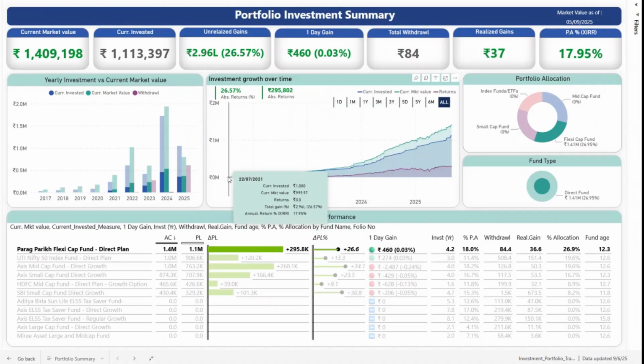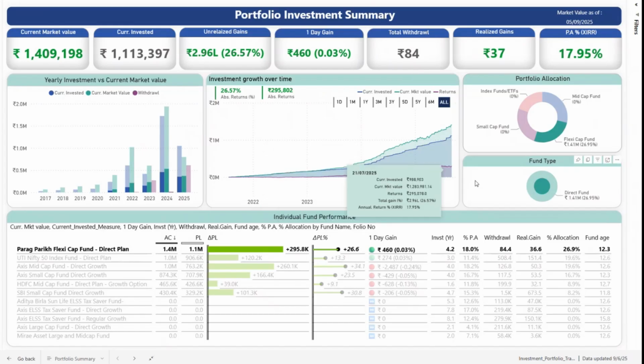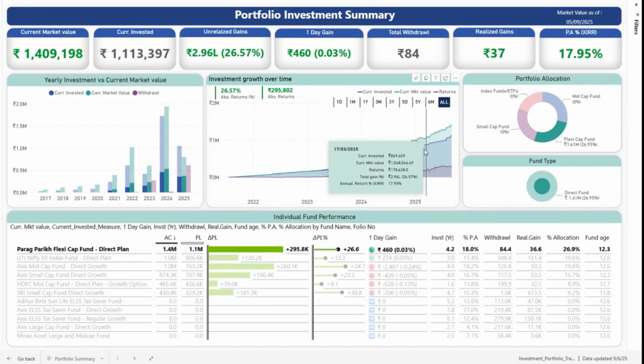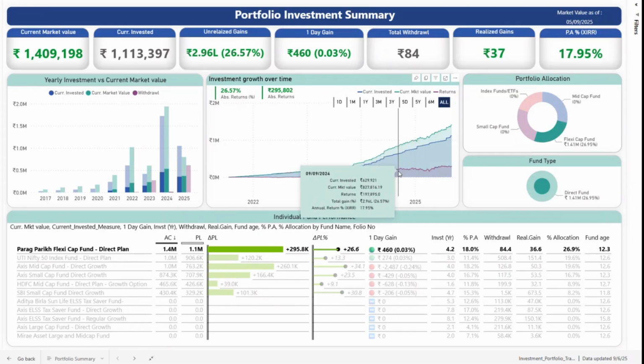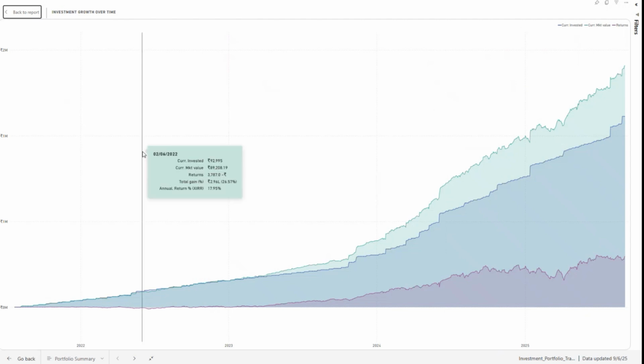You will get to know that you started this fund from 2021, and the blue line indicates the current invested, the green indicates the market value, and the pink indicates the returns generated. If you look at this graph, you can expand it.